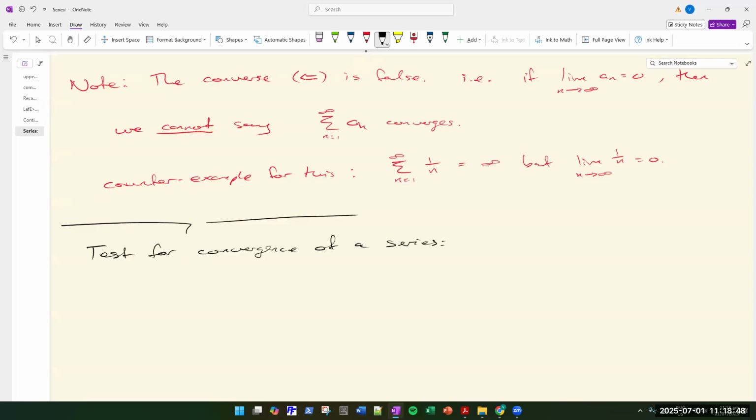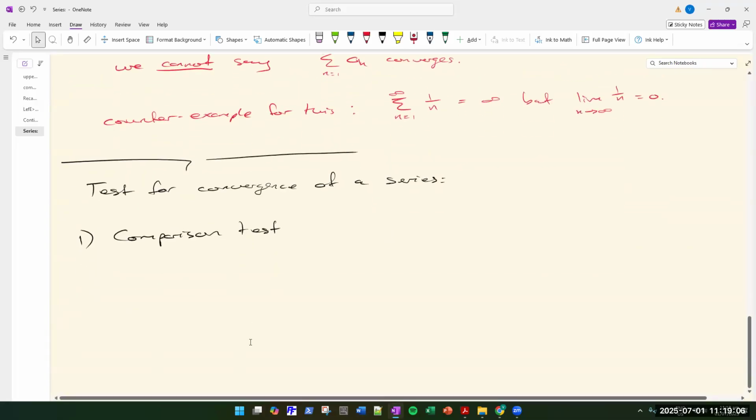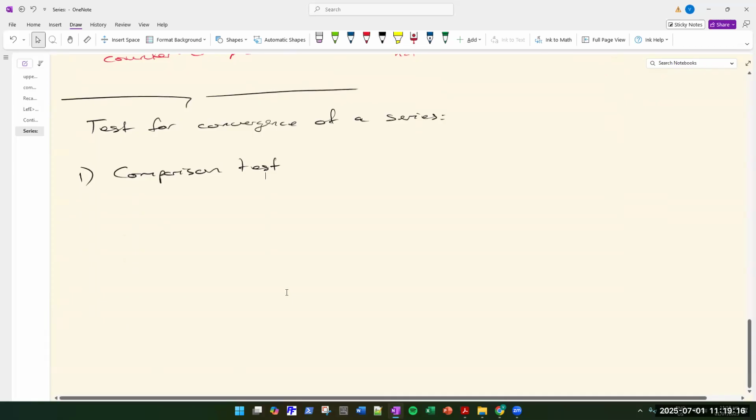We just need the two very popular ones, that's what we're going to focus on. One of these tests is called the comparison test. If you pick up any book on advanced calculus or any book on undergraduate analysis, and you flip to the chapter on series, you're going to see so many different tests there, but there are some main ones.